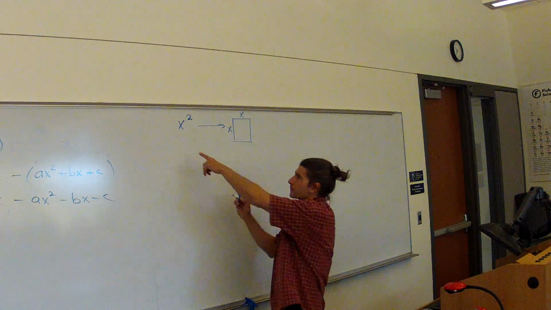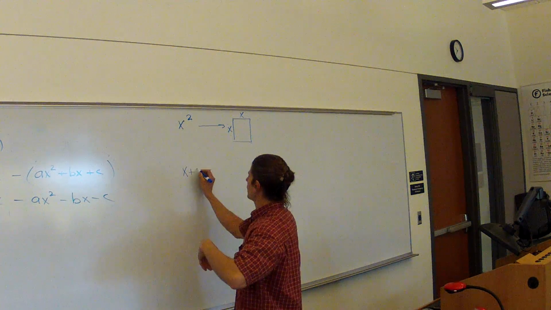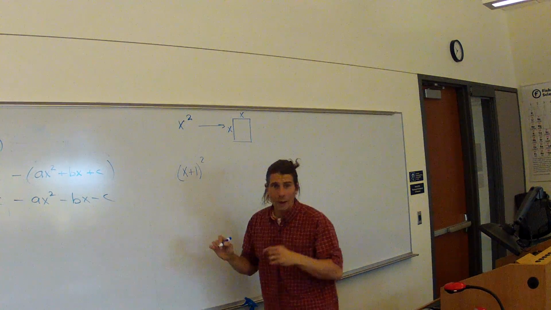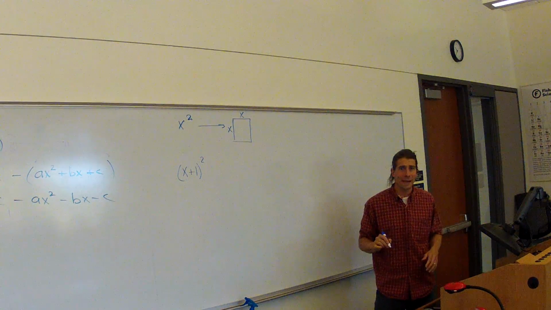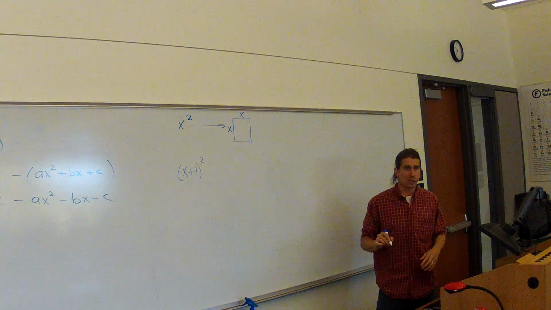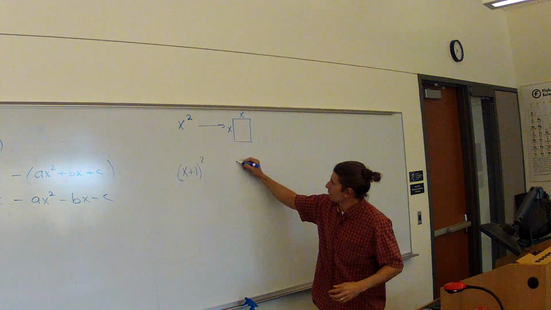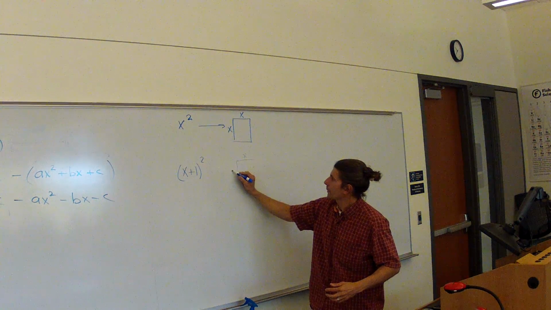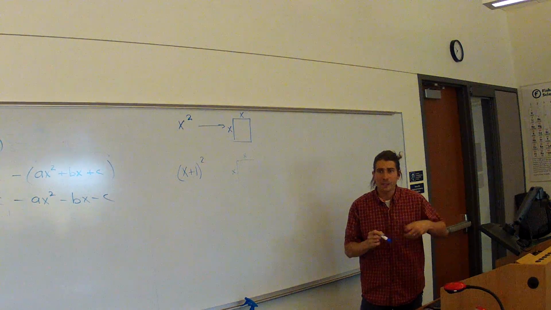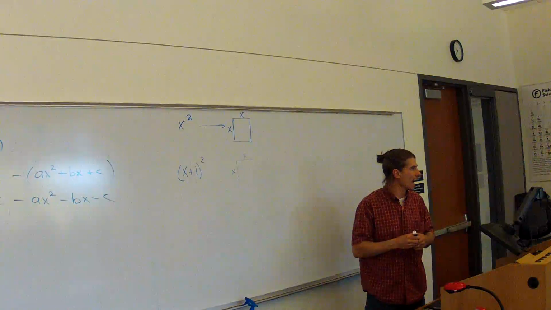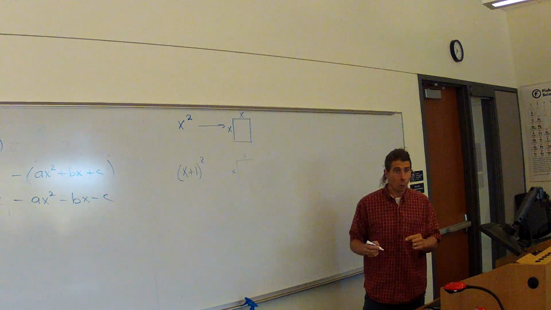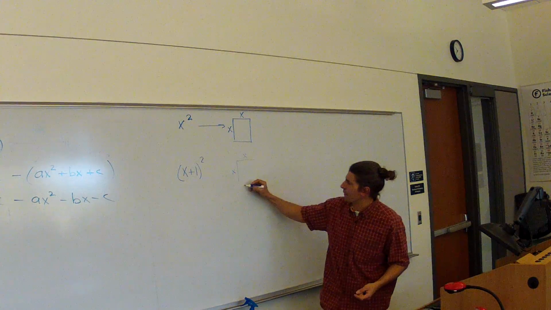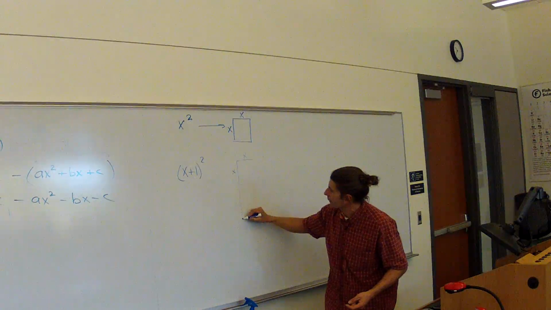So what happens if x squared becomes (x plus 1) squared? What would that square look like? Well, you would have x like here, right? You'd have that much x, but then you'd have how much more on each side? You'd have 1 more on each side. I don't know how big 1 is. I'll just make 1 arbitrarily that big.